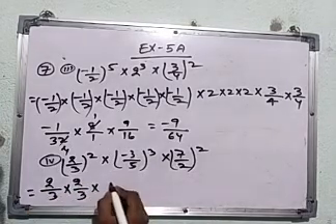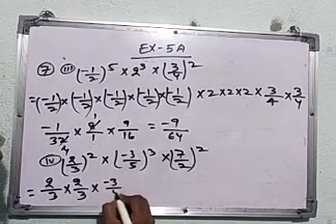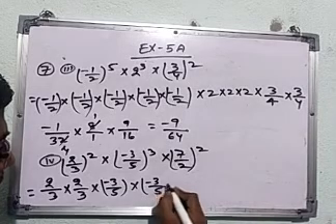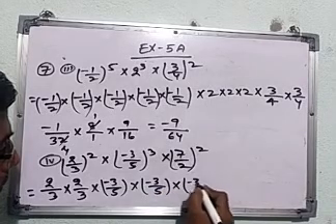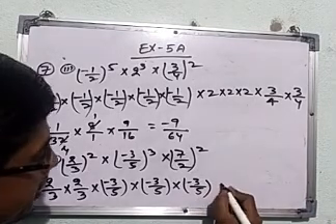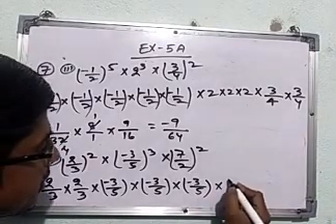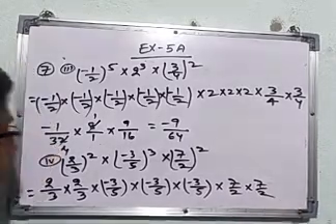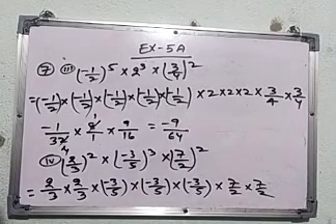Again you write minus 3 by 5 three times. Again you write 7 by 2 two times and multiply.